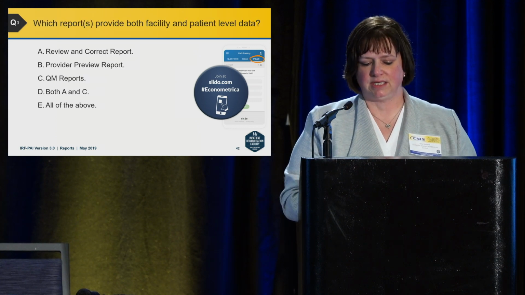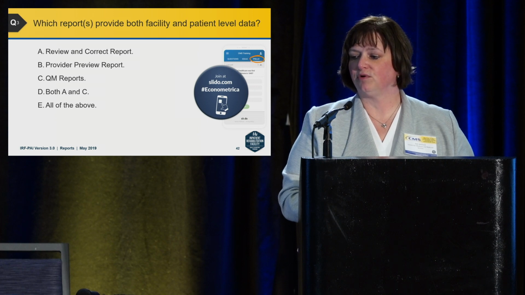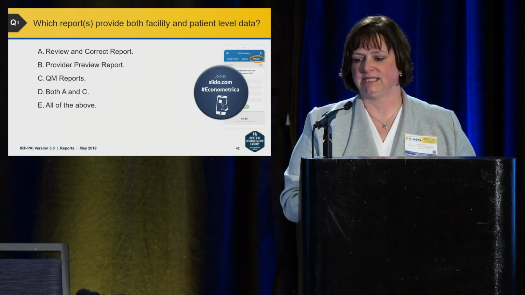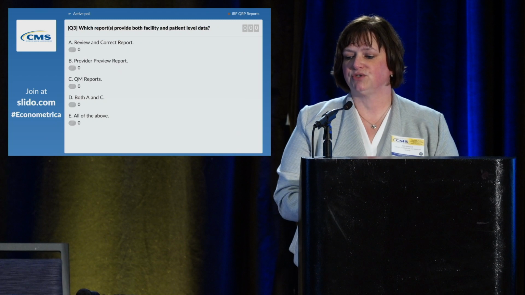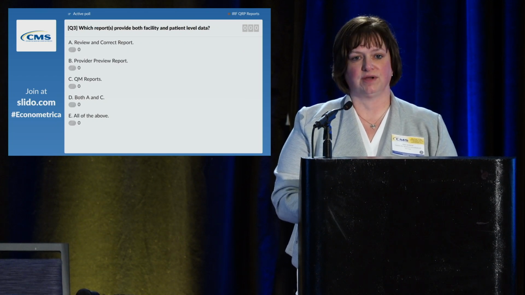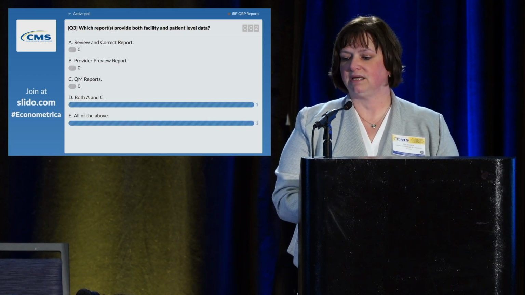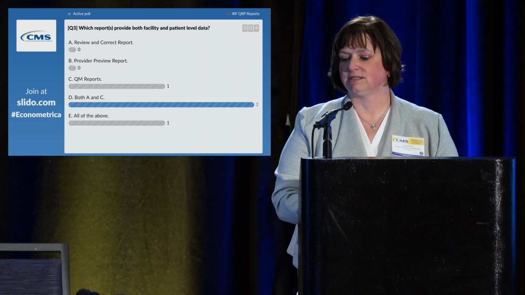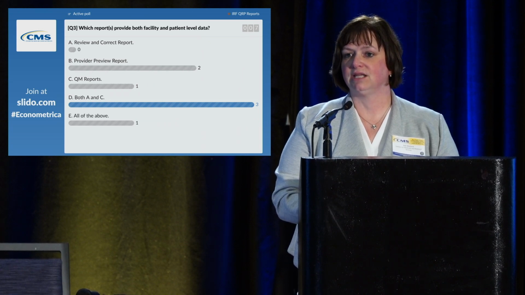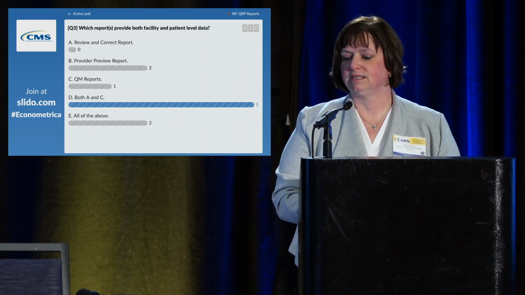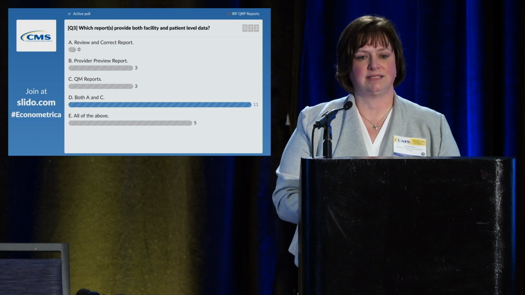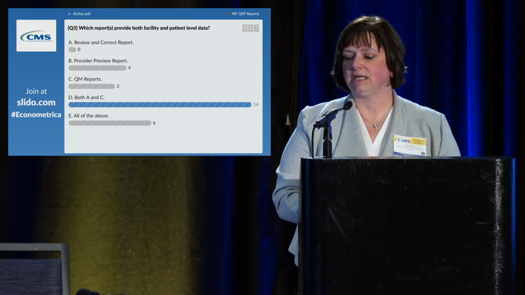Your next question is, which reports provide both facility and patient-level data? Is the correct answer A, the review and correct report, B, the provider preview report, C, the QM reports, D, both A and C, or E, all of the above?